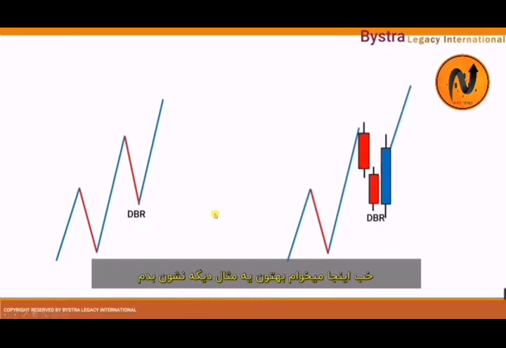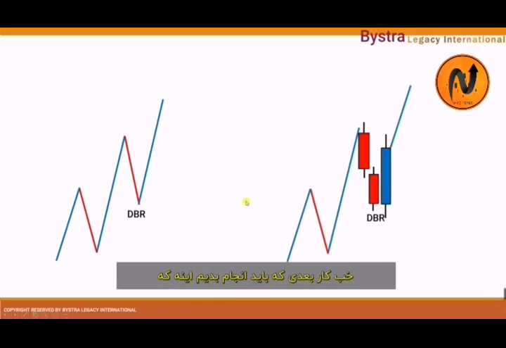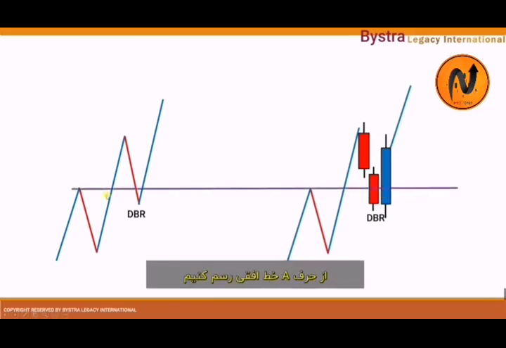Here I'm going to show you another example, where the drop base rally is a little bit lower than the capital A. In this case, as you can see, this drop base rally is our entry point, right, guys? Next thing we should do is mark the horizontal line at the capital A. This is capital A, the resistance.